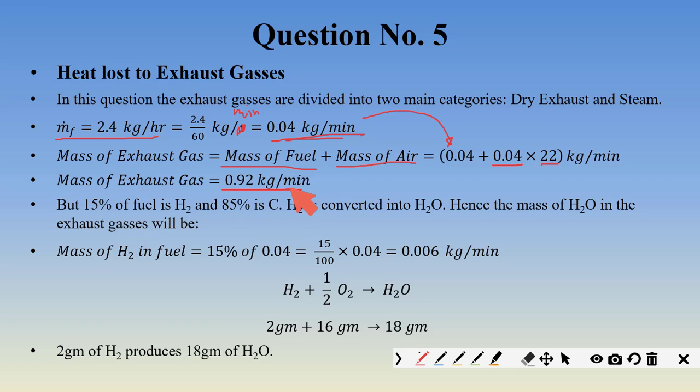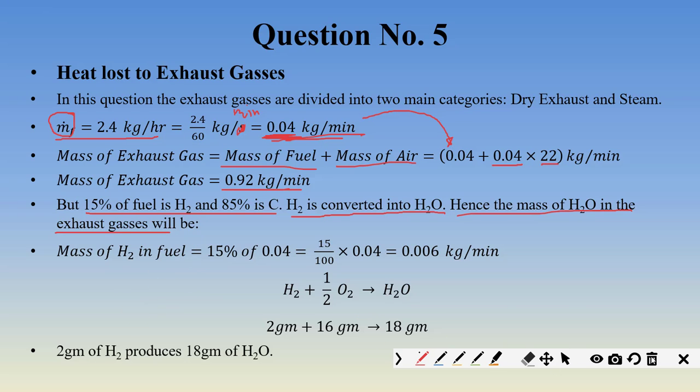But what have they told us? 15% of this fuel, 15% of this 0.04 kg per minute is hydrogen, right? So 15% of fuel is H2, 85% is carbon. H2 is converted to H2O. So we can find out the mass of H2O in the exhaust gases.